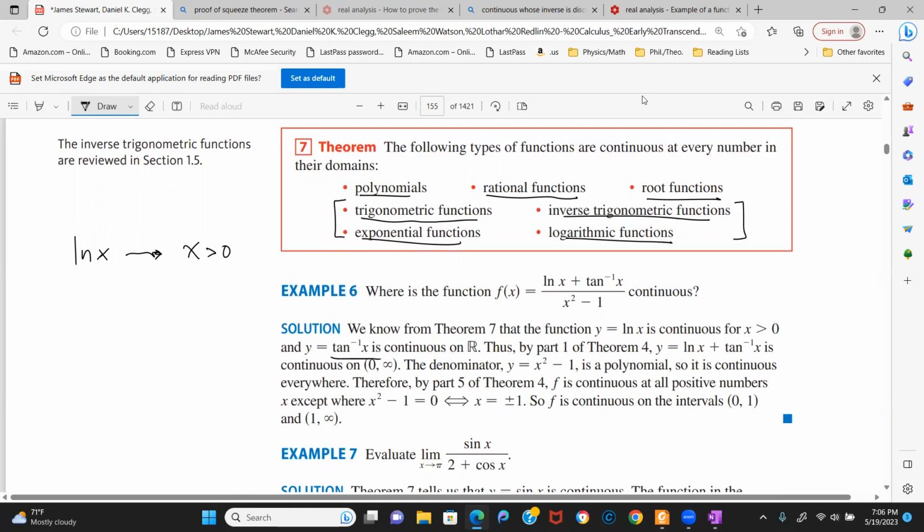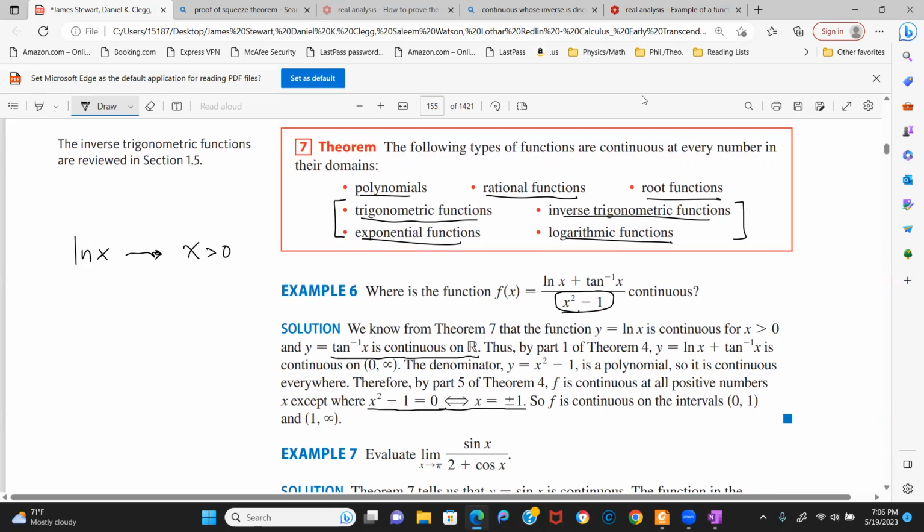Now tan of x, as it says, is continuous on the whole real line, so there's no restriction there. But then you have the denominator, so you don't want points where you have division by 0, so you have to solve for that, and that will give you plus or minus 1.